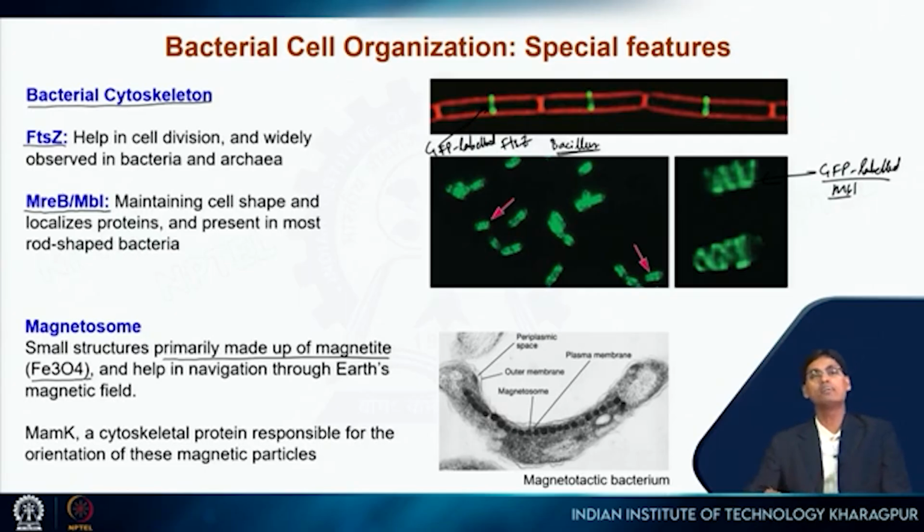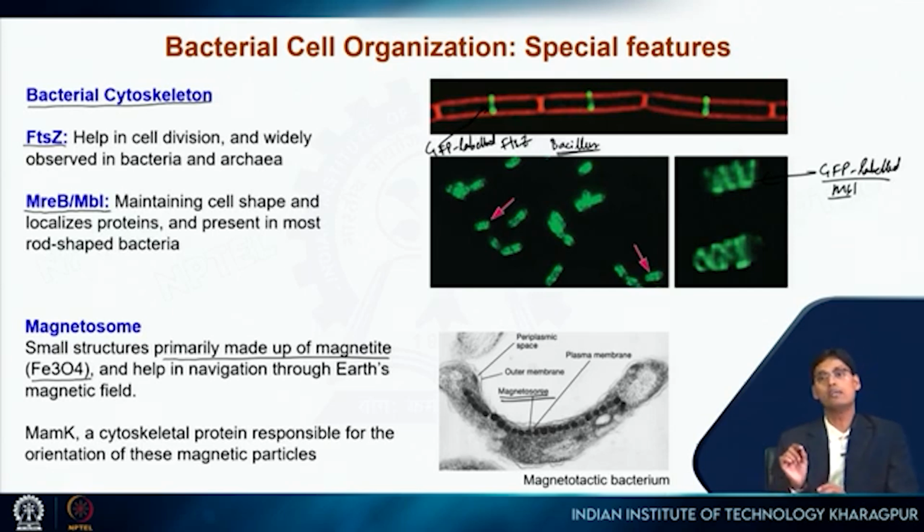As you know, many different animals, particularly some birds, dolphins, and some fish like tuna, have some kind of magnetic setup inbuilt in their head, and accordingly they align with the magnetic pole and can migrate from one side to another, right. Similarly, some bacteria also have this kind of magnetosome, and that helps them to align and move through the Earth's magnetic field. It's very interesting.